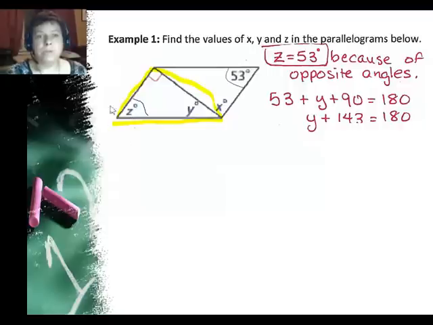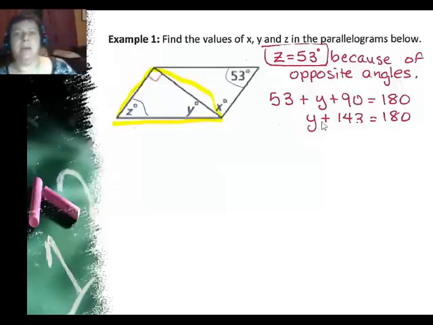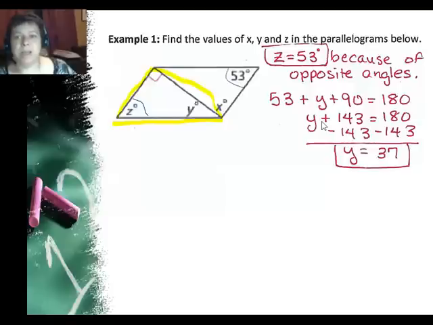Well, I already know z is 53. The square here indicates that's a right angle, a 90-degree angle, and then I have y. So I say 53 plus y plus 90 equals 180. I combine 53 and 90, and then I subtract 143 from both sides. And I get y equals 37.